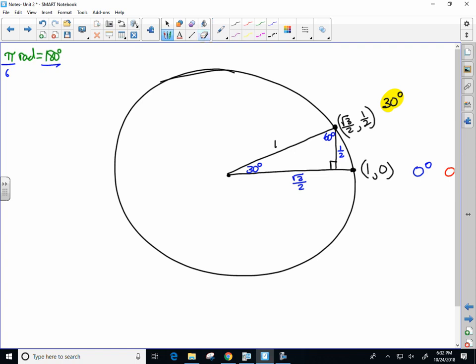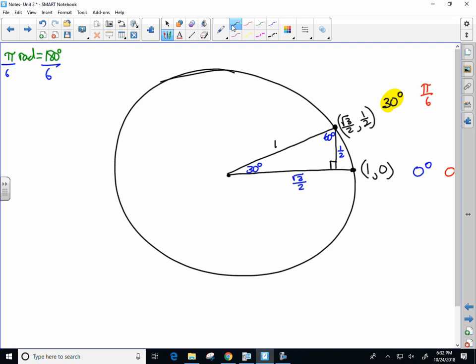All right, so 180 over 6 is the same as 30 degrees, but that's telling me that 30 degrees is the same as pi over 6 radians. All right, so we have that conversion. We can use the pi over 6 being equal to 30 degrees to help us find some other things down the line.